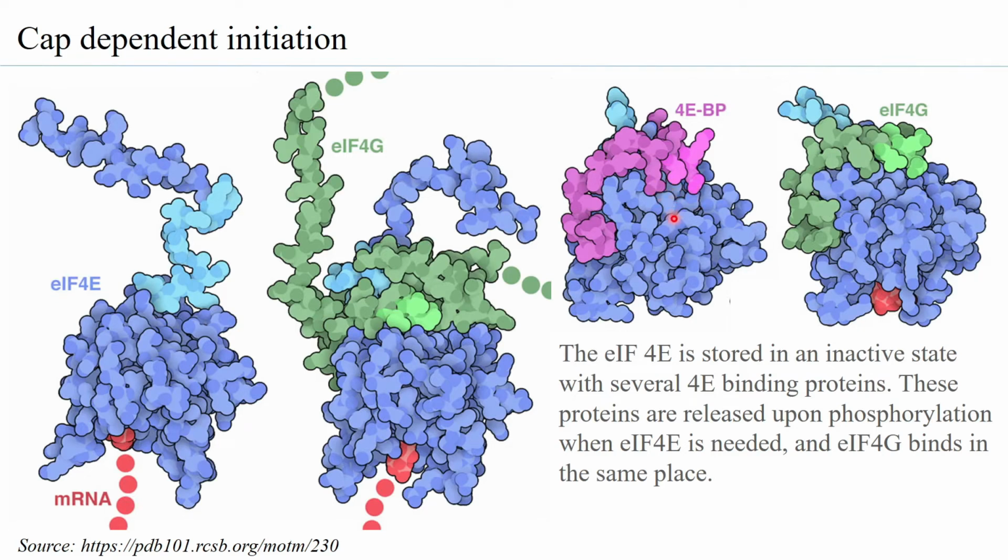When EIF4E needs to be active, there is a phosphorylation by MNK1, which is also bound to the EIF4G, and that helps in phosphorylating specific amino acids on the 4E, releasing the 4E binding protein, and in place of the 4E binding protein you will have the EIF4G coming and binding. There is a conserved serine that is phosphorylated by MNK1, and thereby you have this EIF4E, EIF4G complex form.